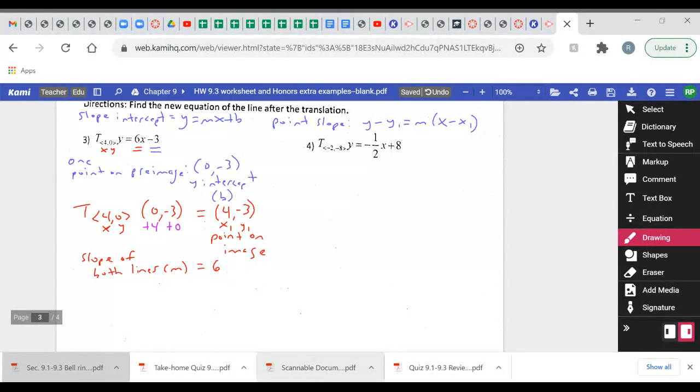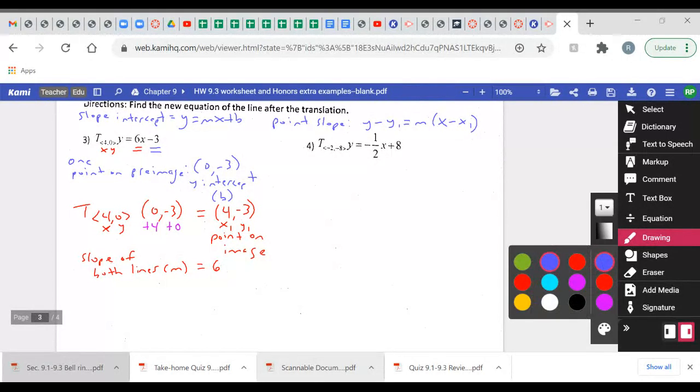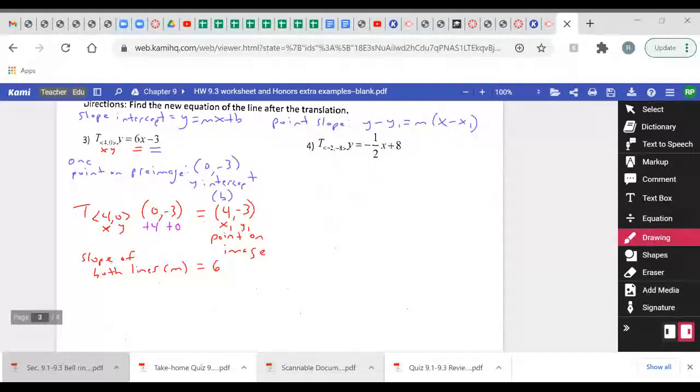Now we just need to write an equation of the line, and for an equation of the line, we're going to use the point slope form. In point slope form, if you look up here, we need to fill in x1, y1 with a point, and we need to fill in the slope. Well, we have all of those things.